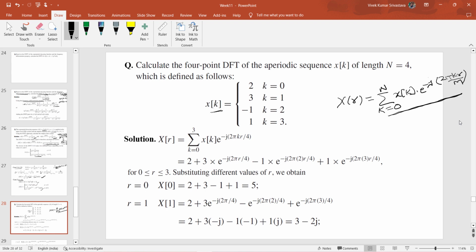is that we discretize the value of omega by a factor of 2 pi r over N. This is the only difference here.